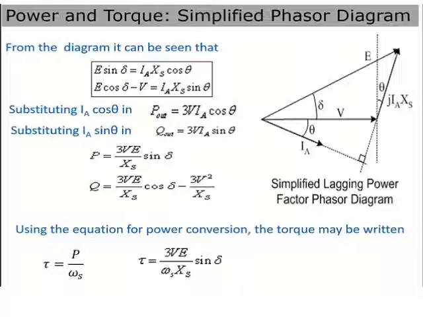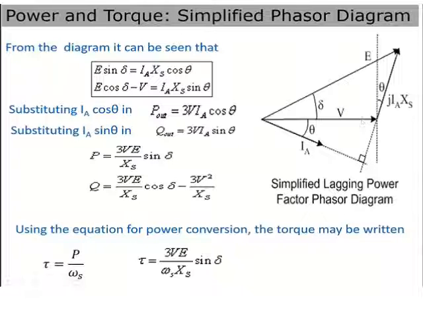So Ia is shown. As I told you, the Ia Ra drop is neglected. Ia Xs, that is the synchronous drop, is shown at 90 degrees to the current, and E is equal to V plus j Ia Xs. So E is the induced EMF, that is the excitation voltage, and V is the terminal voltage.